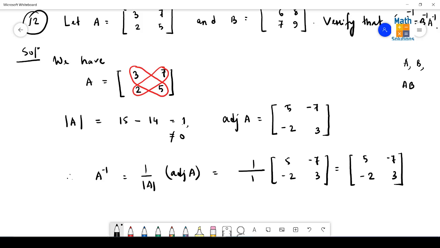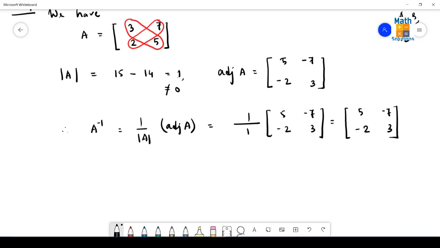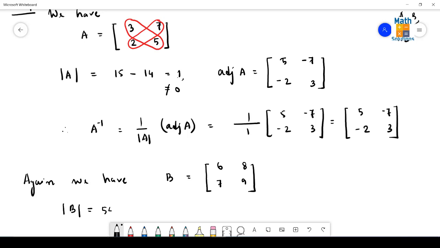After this we come to the matrix B. Again we have capital B equal to 6, 8, 7, 9. Let us first calculate its determinant value. Determinant of B is equal to 54 minus 56, the answer is minus 2.